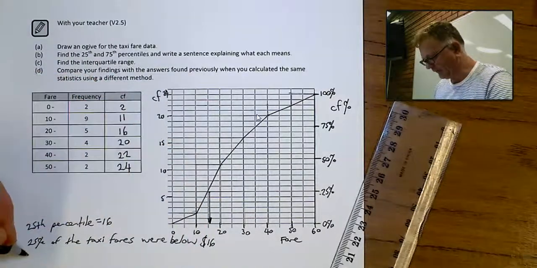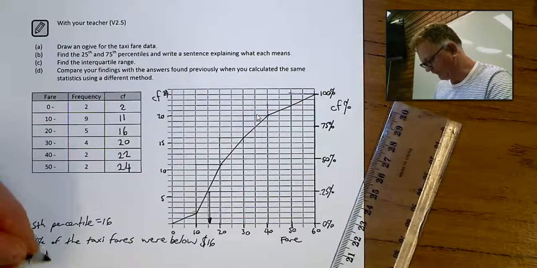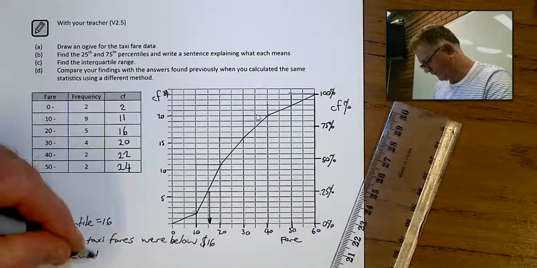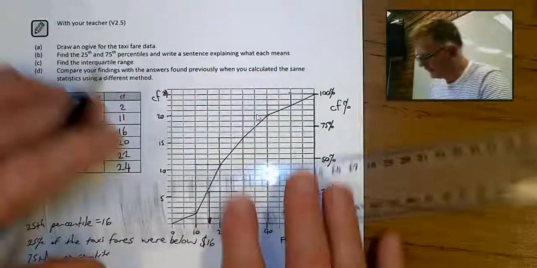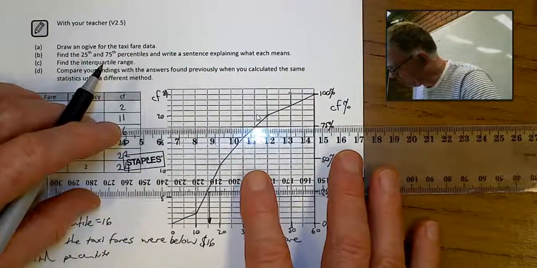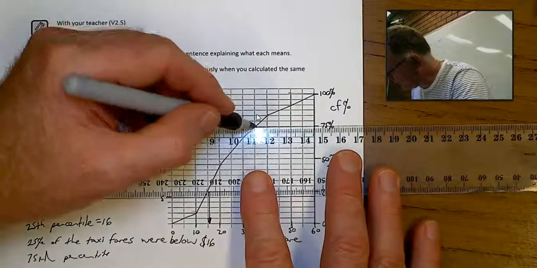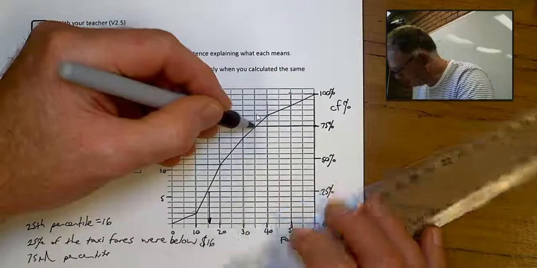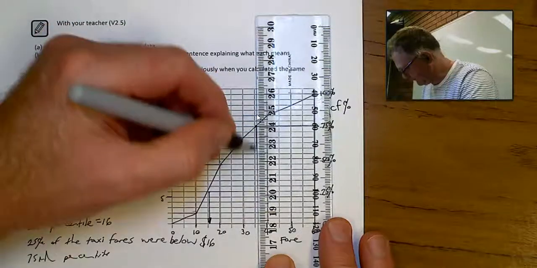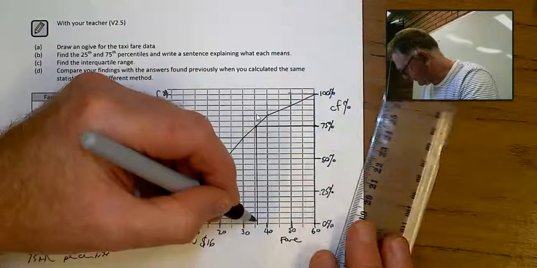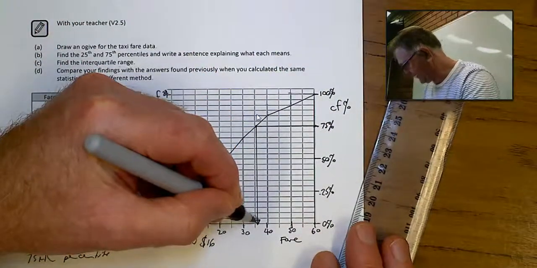What about the 75th percentile? I've marked this axis here to 75%. I can go across to the graph and go down. Yeah, you need a bit of accuracy here.